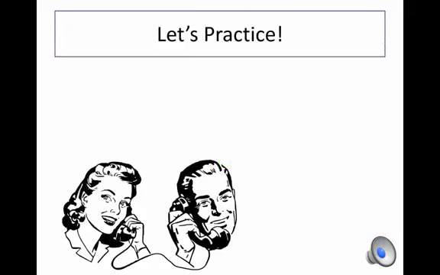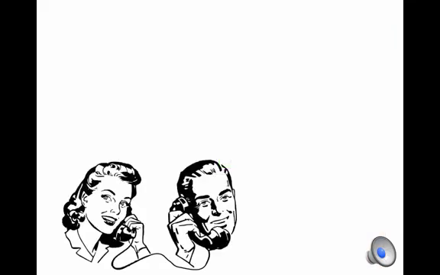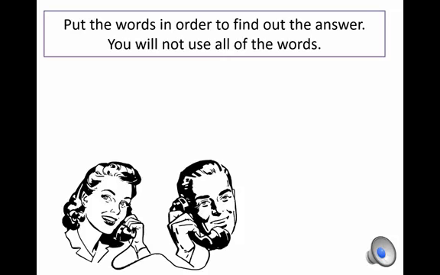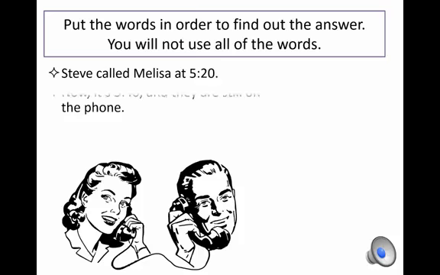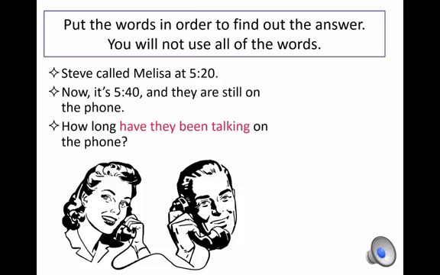Okay, let's practice. Put the words in order to find out the answer. You will not use all of the words. Steve called Melissa at 5:20. Now it's 5:40 and they are still on the phone. How long have they been talking on the phone?